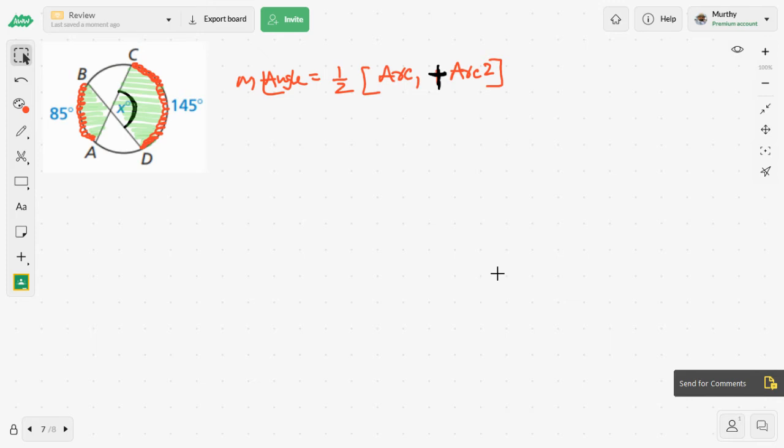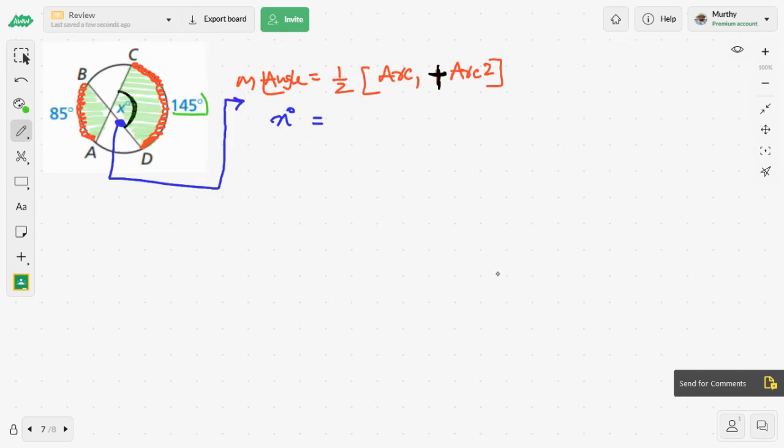Internal means we take the formula: measure of angle equals... So again, as I mentioned before, you have to be really careful which value goes where. So the measure of angle is x degrees equal to, and the remaining values.